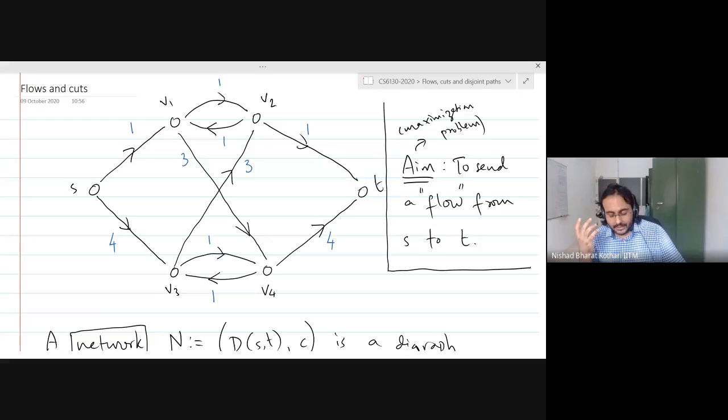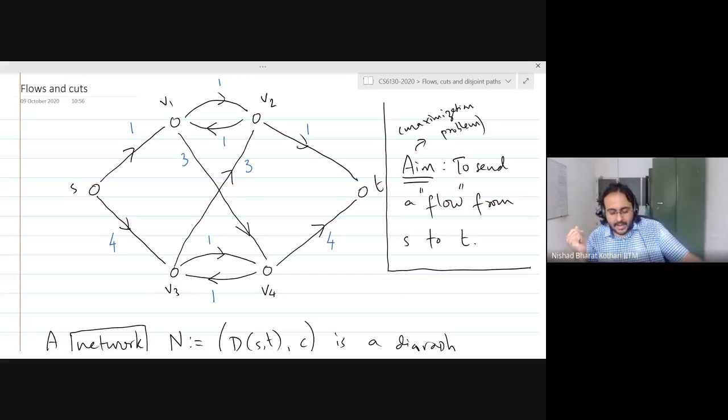And the second reason is, actually, this is one of the results in theoretical computer science, combinatorics, that has found tons and tons of applications. You can think of a lot of real world problems, like lots of companies like Amazon, Flipkart, Walmart, they all need to solve a lot of flow problems because they want to send items from their warehouses to various stores across the country or across the world.